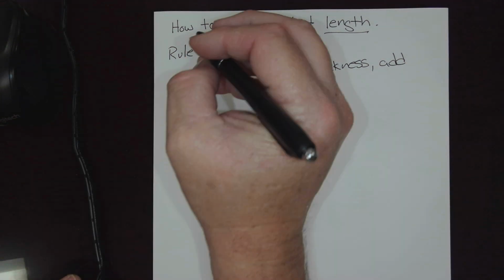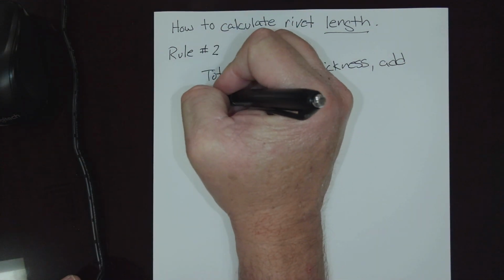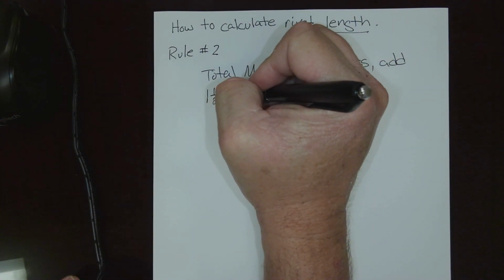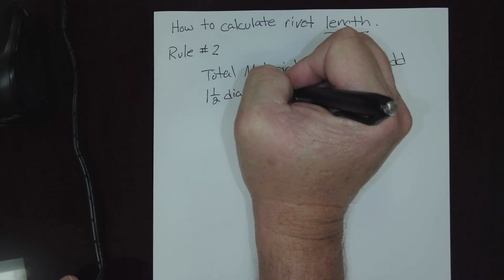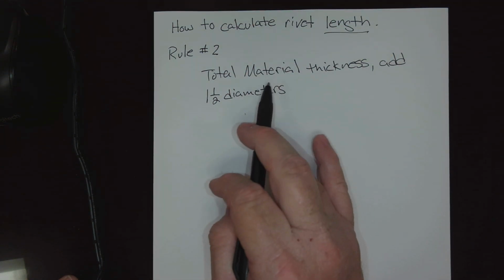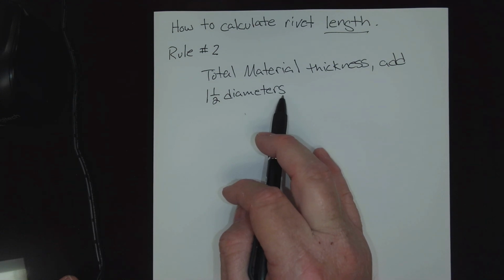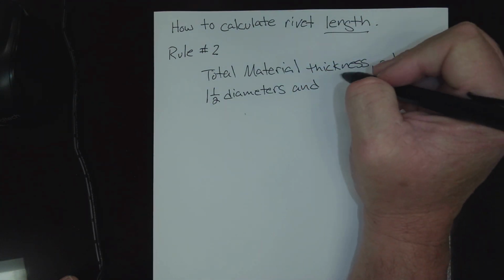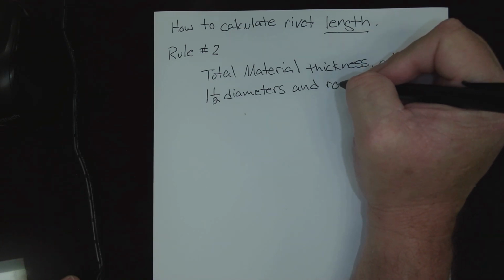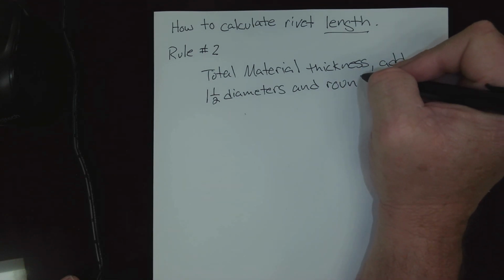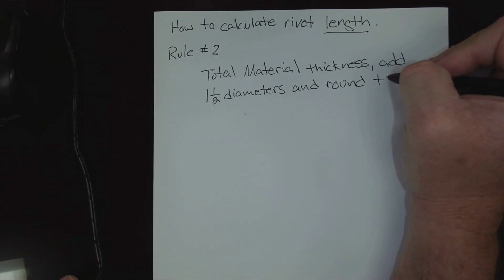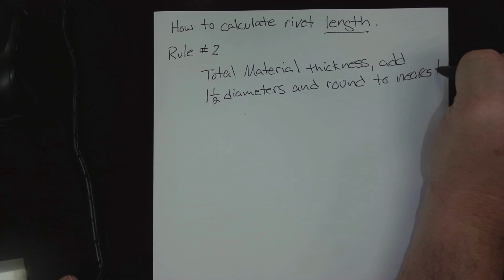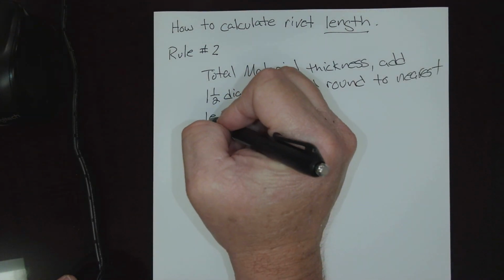See, that's why we need that diameter information first in order to solve for this. So we're going to take our total thickness, add 1.5 diameters, and this time, instead of rounding up, we're going to round to the nearest length. So we're going to have to look up or down in order to solve this problem.